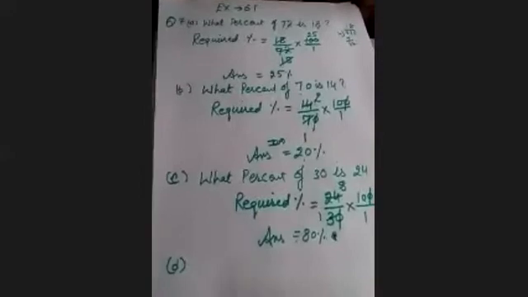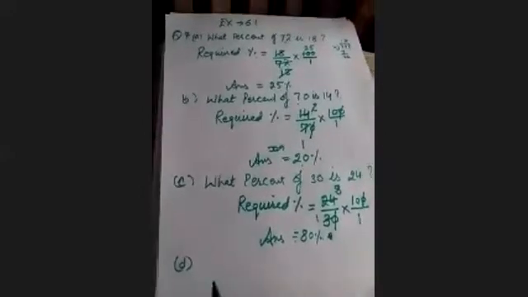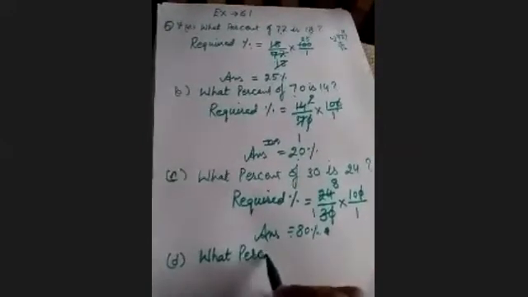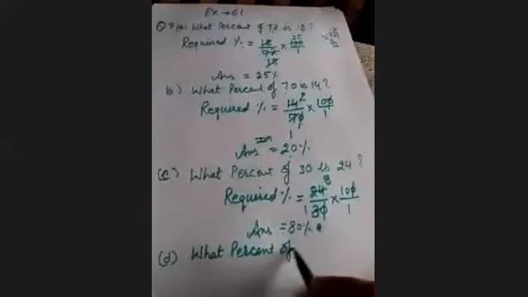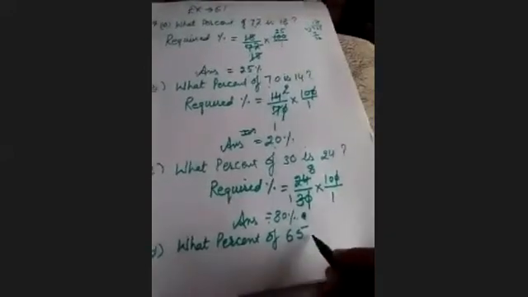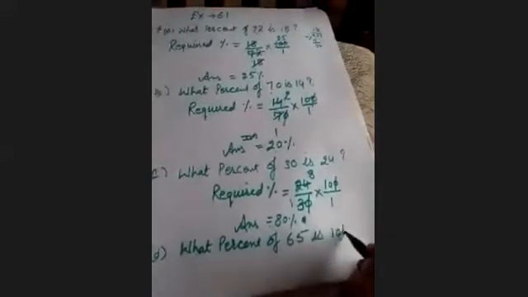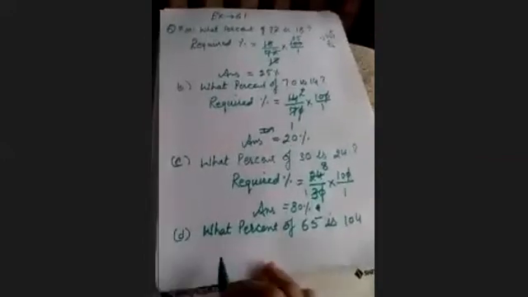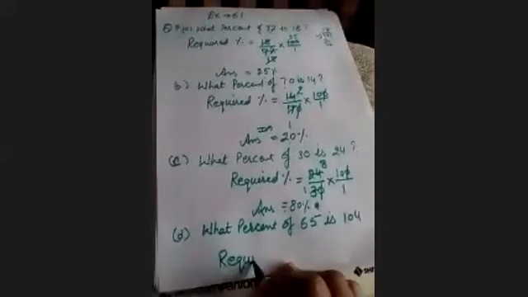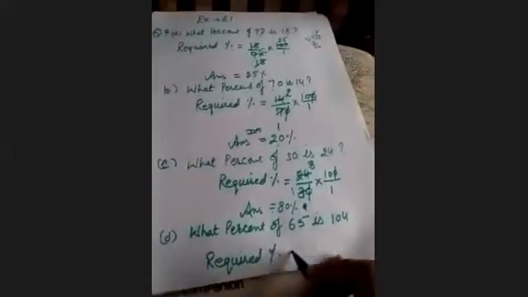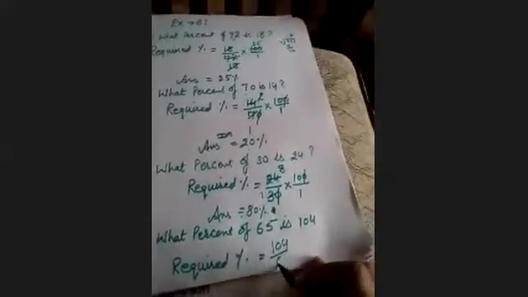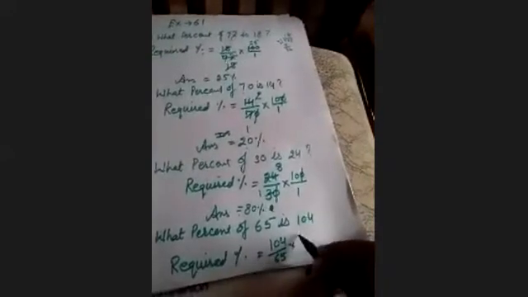Part D is what percent of 65 is 104? Now required percentage is 104 upon 65 into 100.